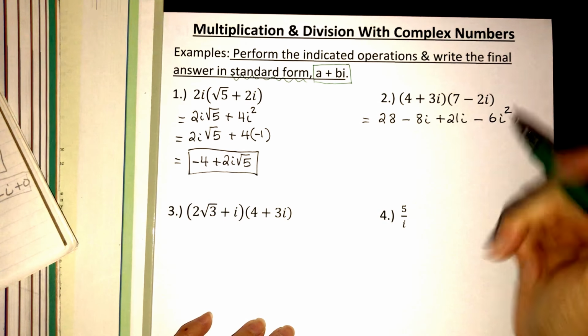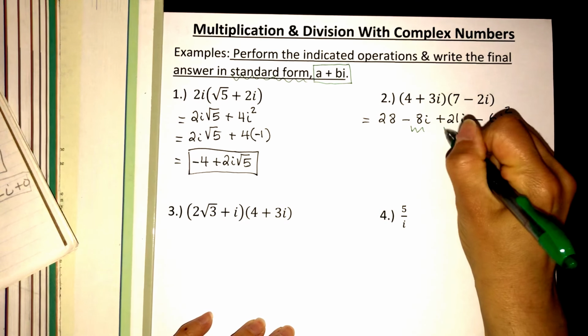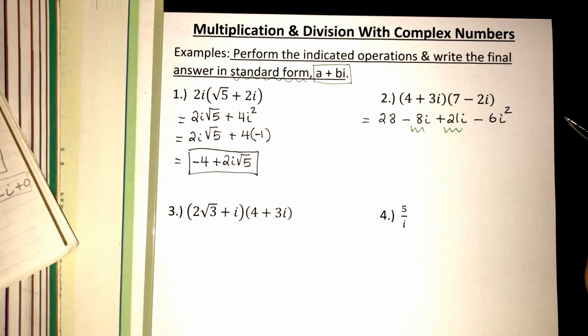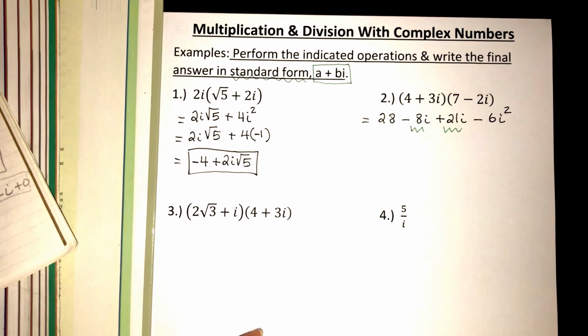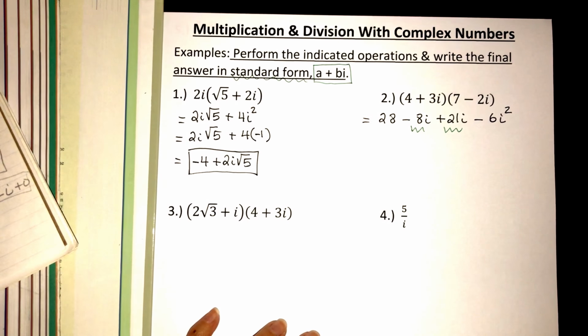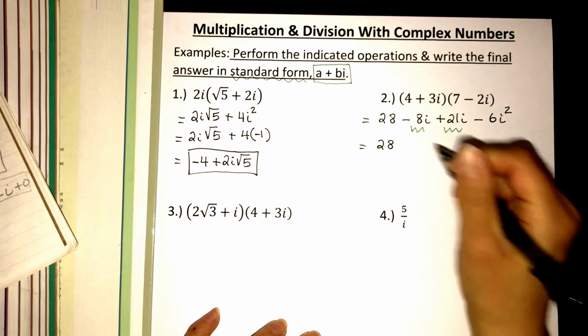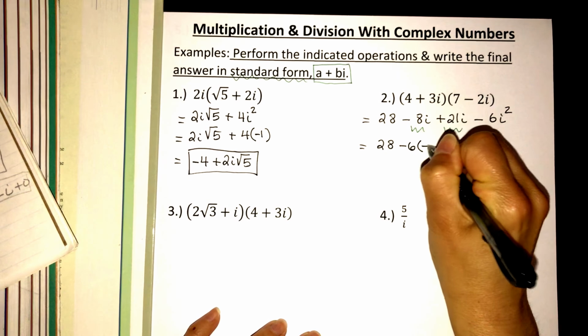We need to combine like terms, and we also need to replace i squared with a -1. So you need to make sure anytime you see i squared, you want to simplify it and replace it with a -1. So I'm going to write 28 and minus 6 times -1.